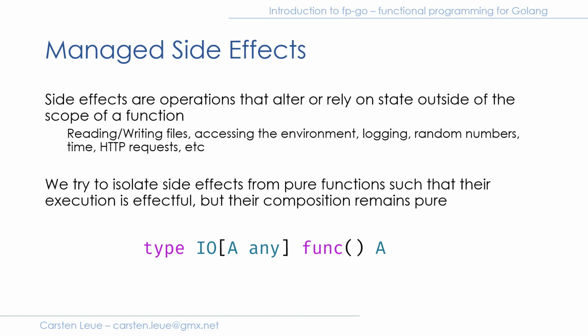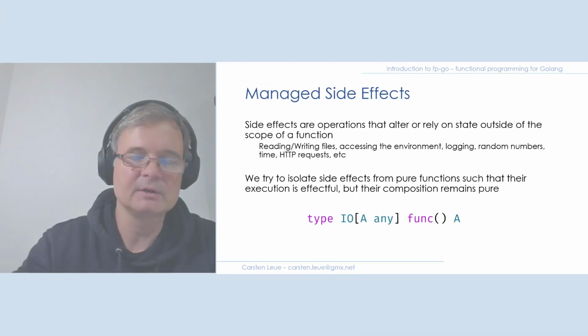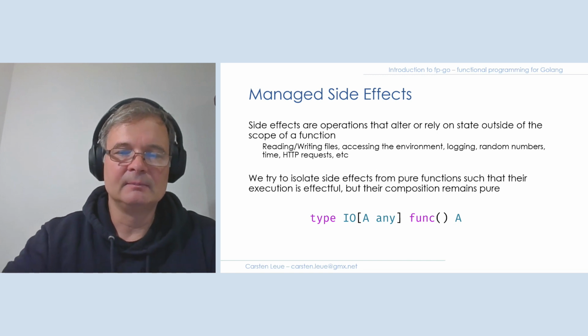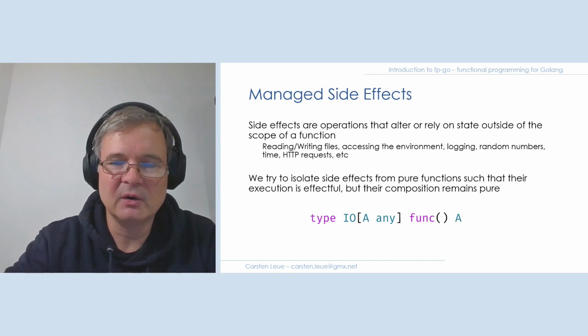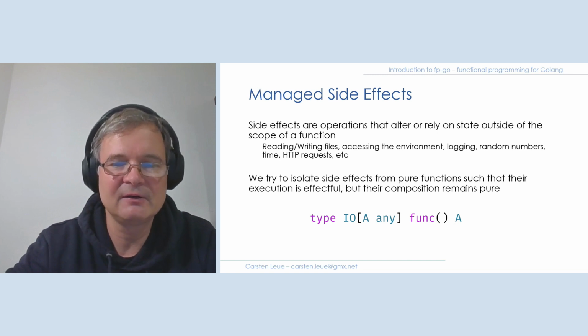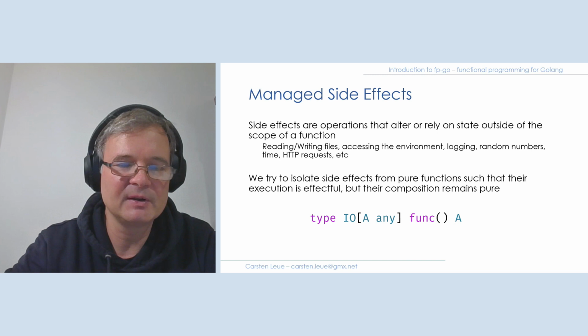Right, so I'm running a bit short, but I would definitely want to talk about managed side effects, if that's possible. In the FBGO library, we were trying to tell functions that have side effects apart from functions that do not have side effects by introducing the IO type.